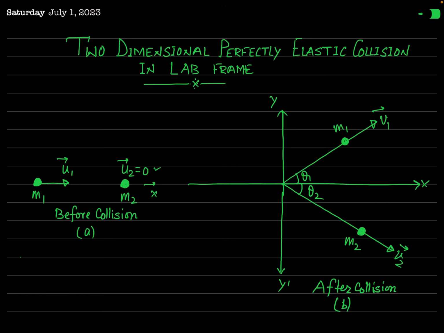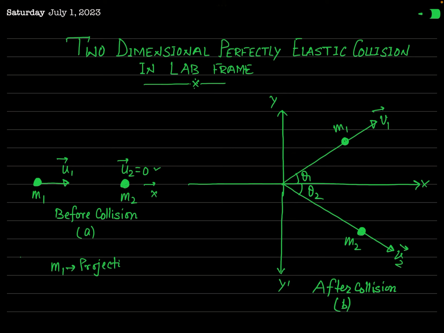When the particle of mass m2 is at rest and a particle of mass m1 moves towards it and collides with it with velocity u1 with respect to the laboratory frame, we call the particle of mass m1 the projectile. That is the particle which will hit the mass m2.